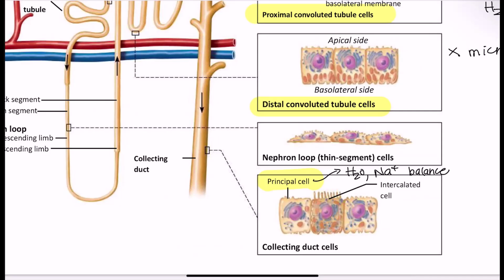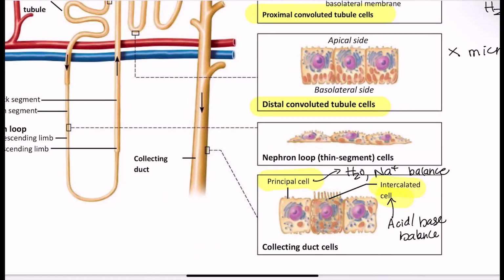And then the other cell type here are called intercalated cells. Intercalated cells are less numerous, but they do have microvilli. And they also have a role in acid-base balance in the body.